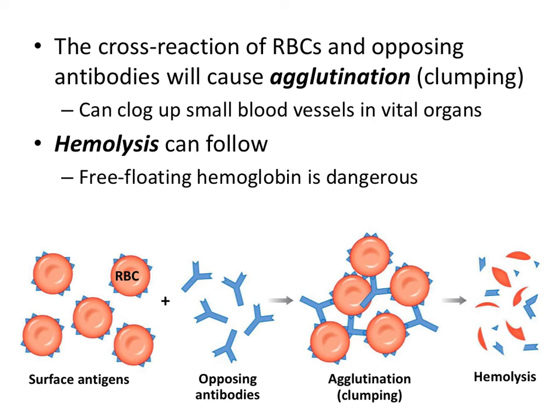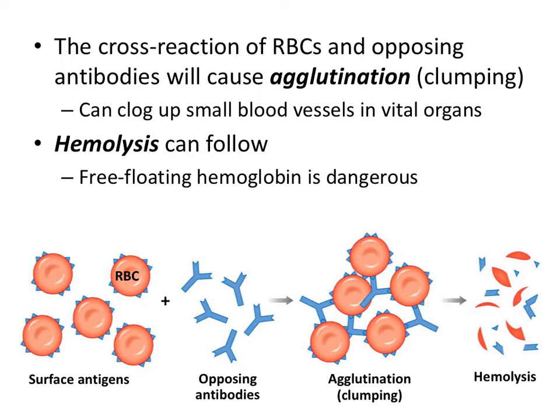So the cross-reaction of red blood cells and opposing antibodies, as I mentioned, the clumping, is agglutination. This can cause some problems as small blood vessels can get clogged, but also these blood cells will eventually burst. That's called hemolysis. And having this free-floating hemoglobin in circulation can be dangerous. It really damages the kidneys.